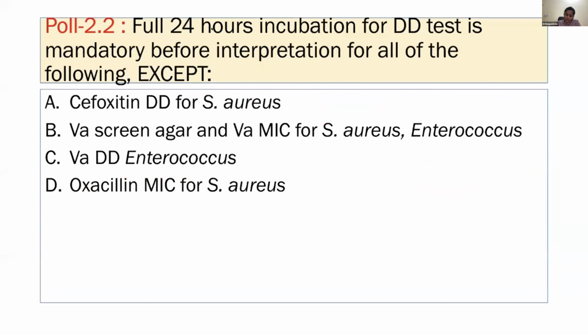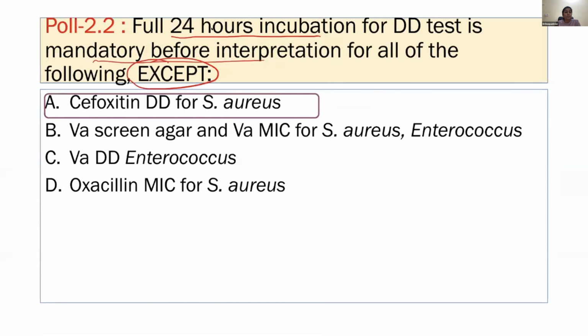So the second question was: full 24 hours incubation of the disk diffusion test is mandatory before interpretation for all the following except. So what is the answer here? Cefoxitin disk diffusion for Staph aureus, vancomycin screen agar or vancomycin MIC for Staph aureus and Enterococcus, vancomycin disk diffusion for Enterococcus, and oxacillin MIC for Staph aureus. Here it is except.